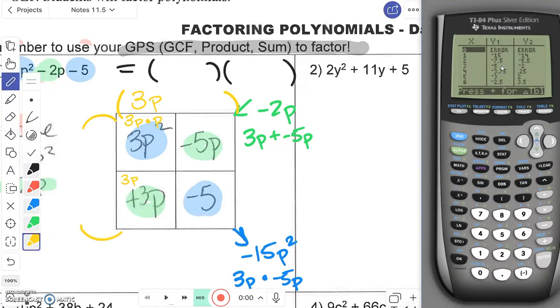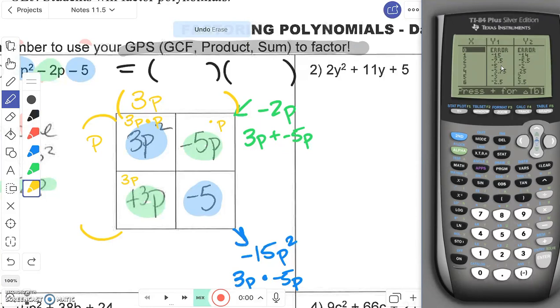P, which means that this one also has to have p, and I'm going to have p outside it, so that whole row has p in it. So if you look, we had 3p, 3p, 3p, and then I got p, p, p. So it always goes out in those rows. So I can move through and keep getting that.